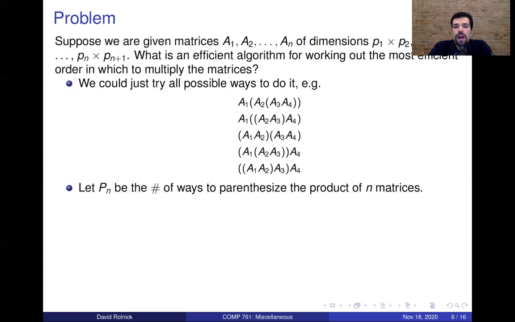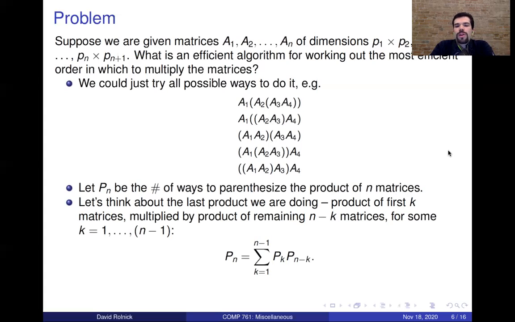Let's try to work it out as a recurrence. Let's think about a recurrence relation for Pn. We could imagine thinking about the last product that we're doing.